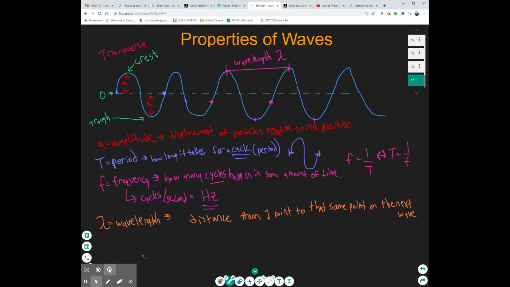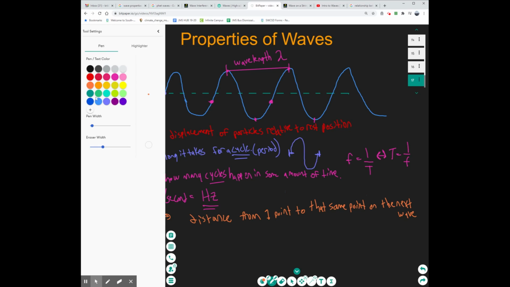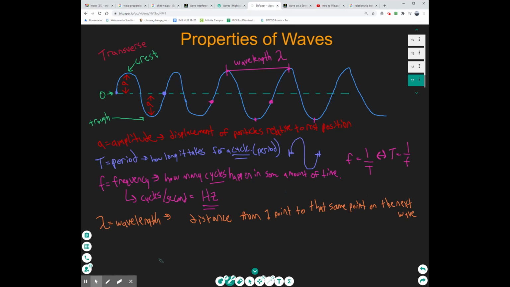Okay, that's wavelength. Now, why do we care about all this stuff? Let's talk about it. What's interesting is if we know the wavelength, we know how far the wave goes, right? And if we know the distance and we know the period, we know how long it takes for the wave to go, then we can calculate velocity, right? So let's use our brains here. Let's get some big brain stuff out. You guys know that velocity equals distance over time.